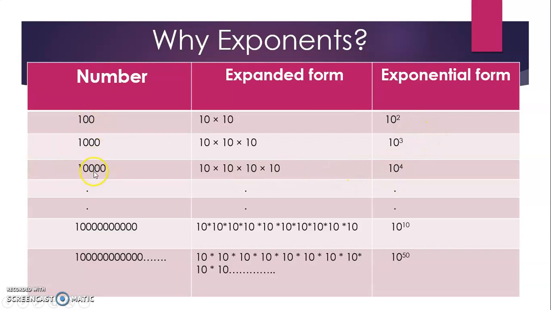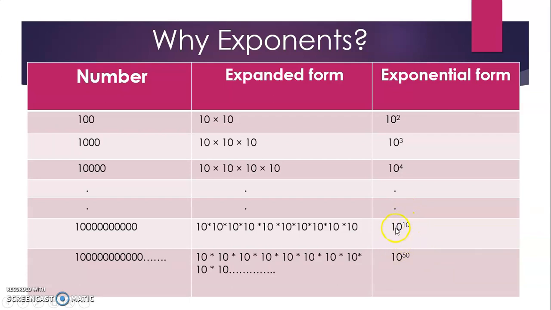These numbers are still small, but if 10 is multiplied 10 times by itself, this can be written as 10 raised to the power of 10. Is it easier to write it in the expanded form, or in the number form? No, it is much easier to write it in the exponential form, that is 10 raised to the power 10.